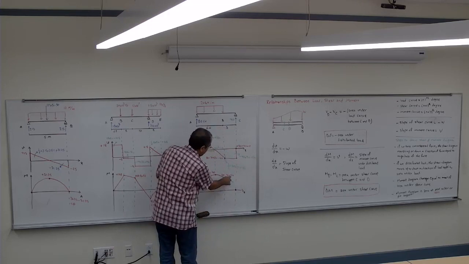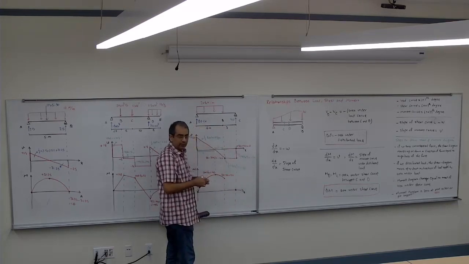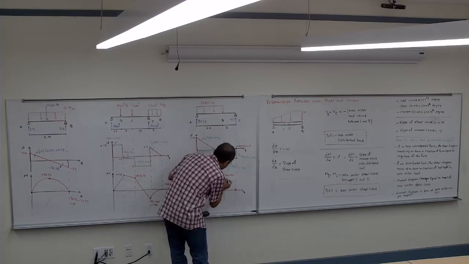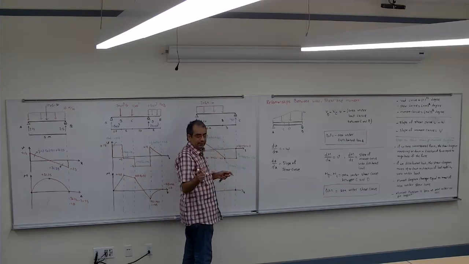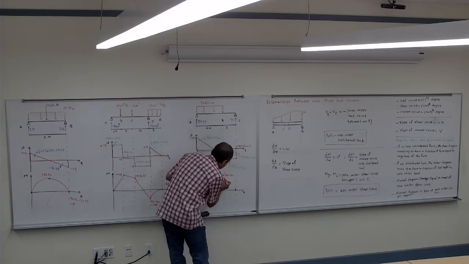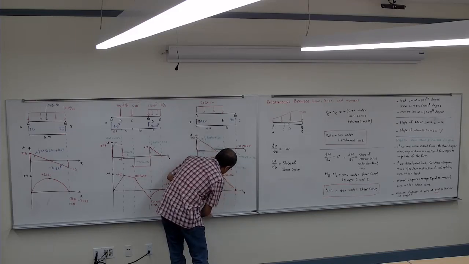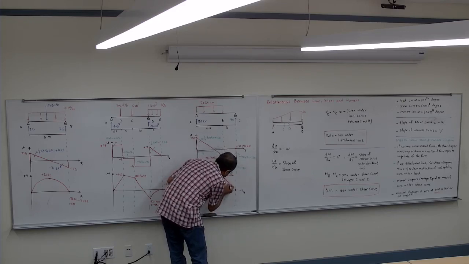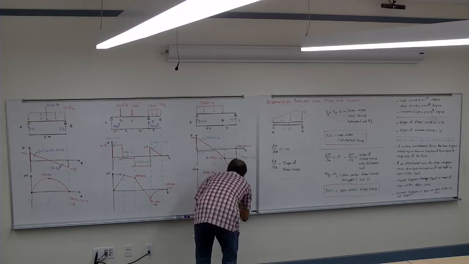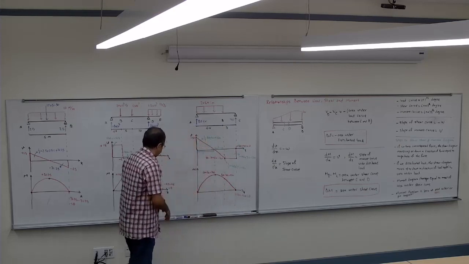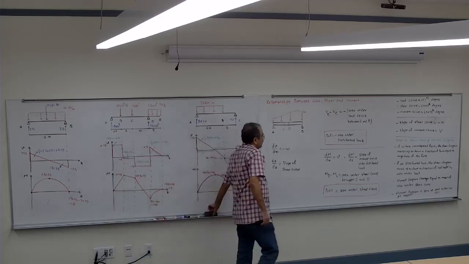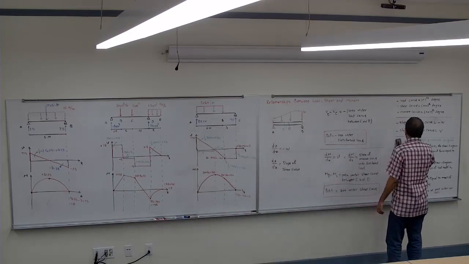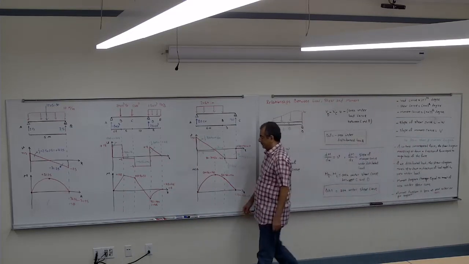So it goes from 120 minus 120, back to 0. But what degree? Linearly, because the shear is constant, so it goes down linearly. It's going to be 120 minus 120, which is 0.